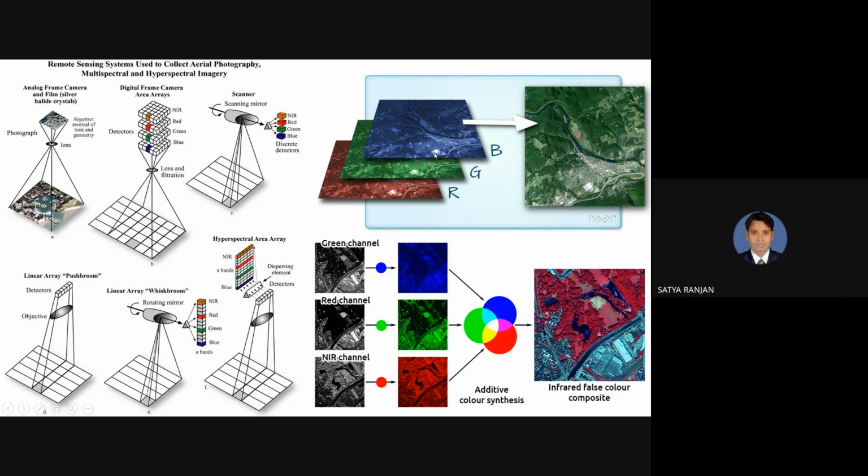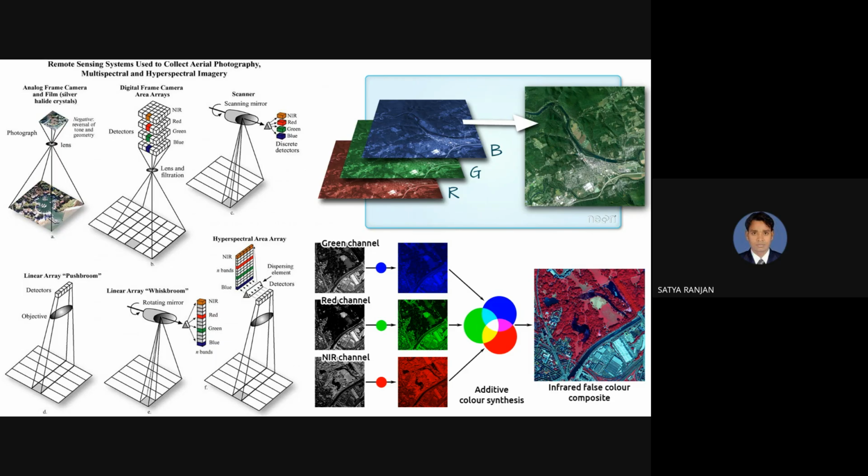So we just merge it, then create the true color satellite image. So green is looking like green, white patch is looking like white. So as the ground, what is the real, actual pictures of the earth surface.